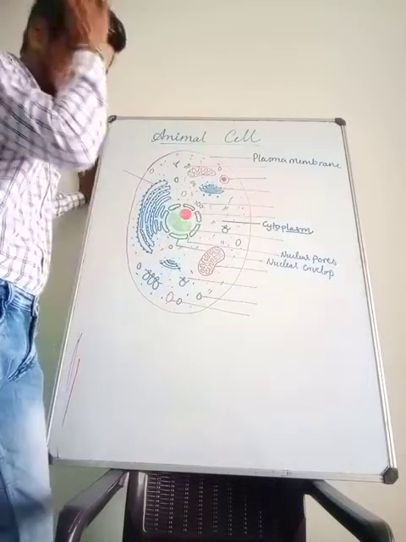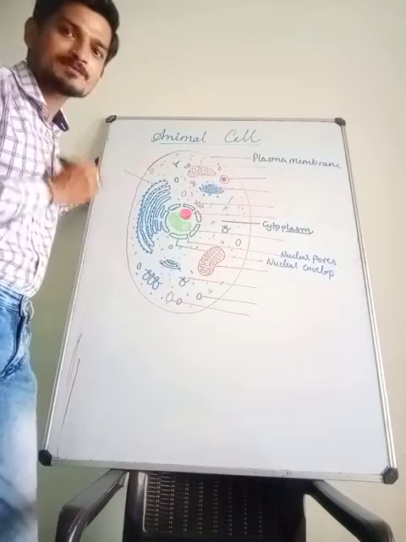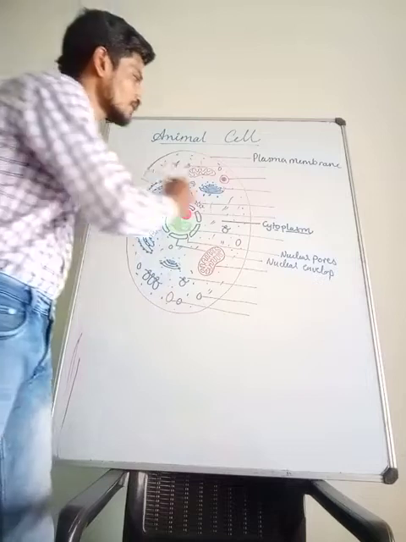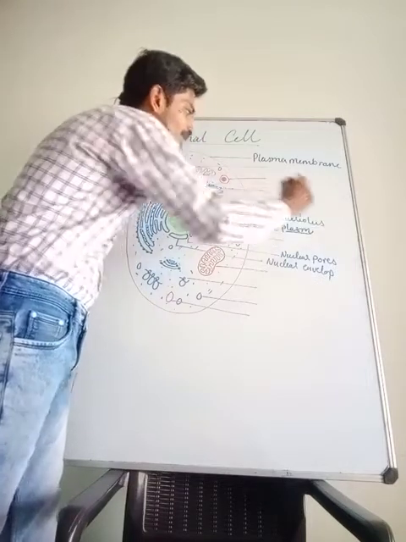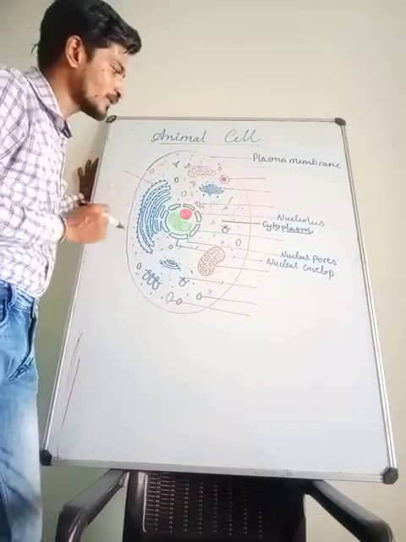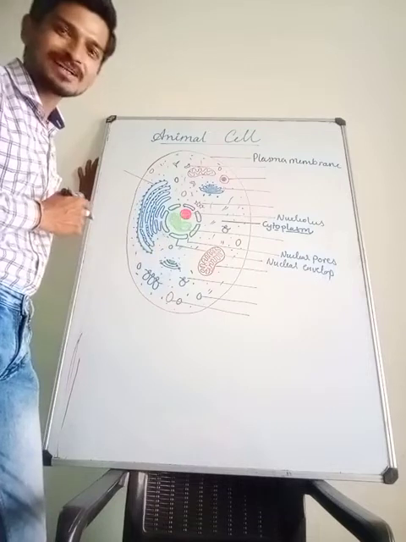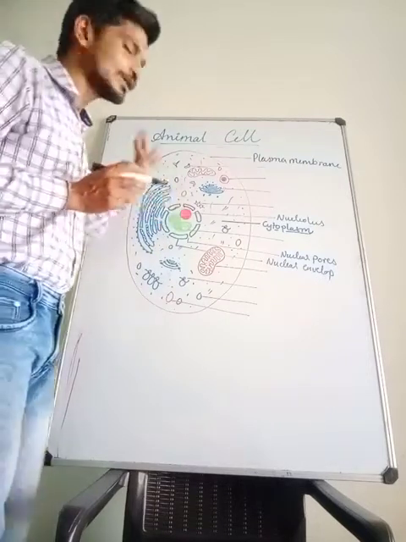Moving ahead, inside the nucleus there is a spherical dense body known as the nucleolus. This nucleolus is the factory of a very important organelle called the ribosome. We'll later define the ribosome as the protein factory of the cell. So basically the nucleolus forms ribosomes.